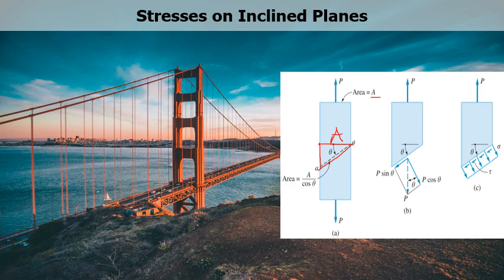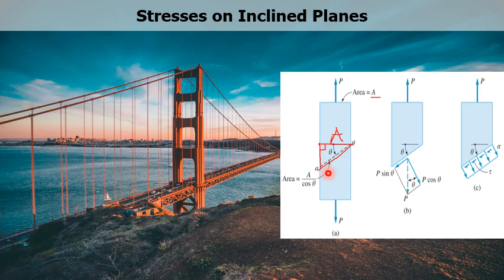What do you see in the figure? That's right. You see a right triangle. How do we compute for the area of inclined plane AA? Since we're given a right triangle, we're going to use trigonometric function.